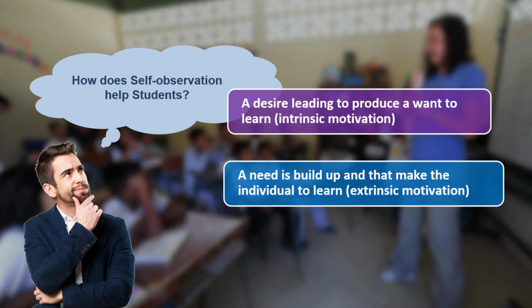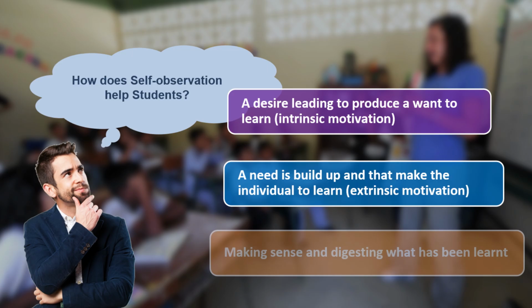And the third way students get help from self observation is making sense and digesting what has been learnt. The students will develop a type of sense, and will also digest what they have learnt. So in this way students get help from self observation.